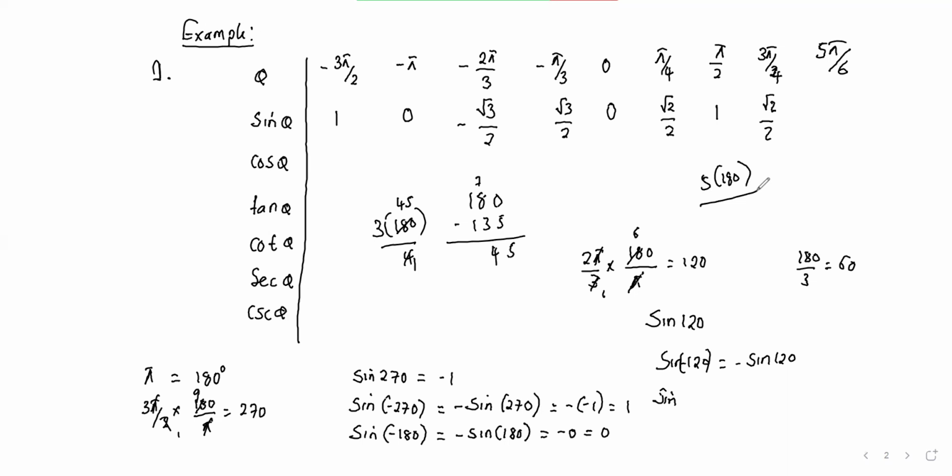What is pi? Just put 180. This is 30 here. By 5, that's 150. For 150, the reference angle is 30. So it's half. So that's for sine.